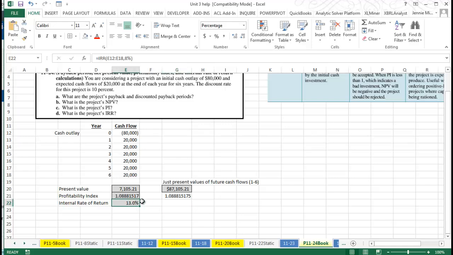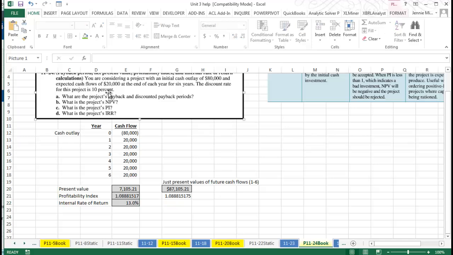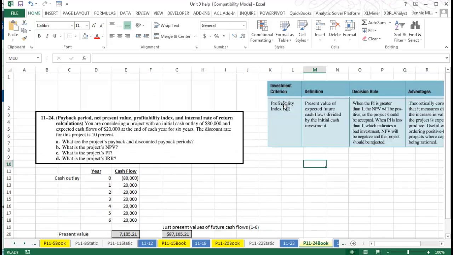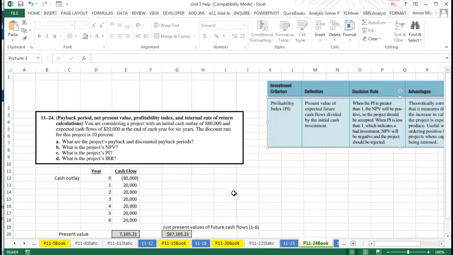Now you can even look at internal rate of return and say, yes, I would take this because my discount rate up here is 10%. So the 13% internal rate of return does tell me that. There are lots of tools, lots of ways that you can use it. Just remember that the PI index is normally used for ranking, where you can tell between two projects which would be ranked the best.